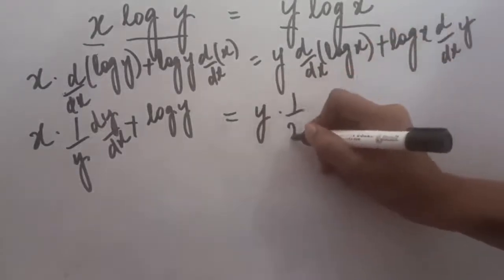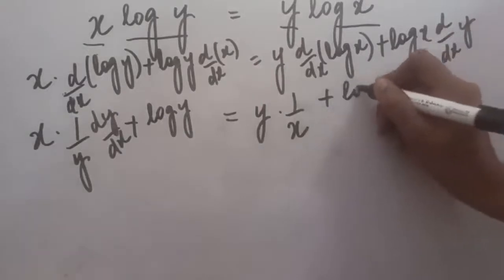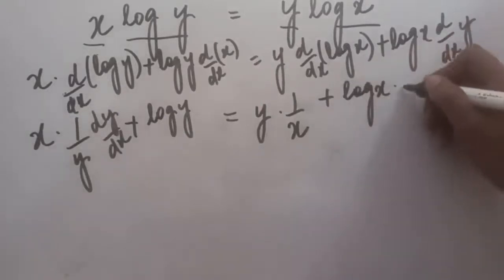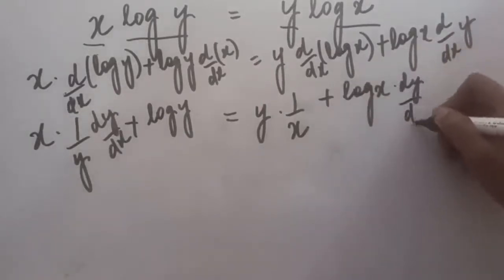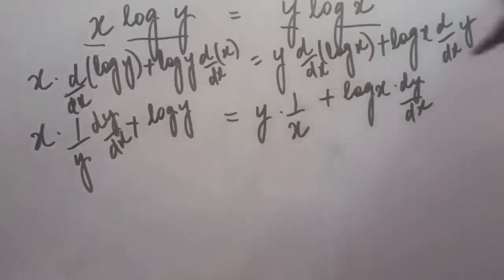Differentiation of log x is 1 upon x plus log x as it is, and differentiation of y will be dy over dx. Now, because we have to reach the conclusion of dy upon dx, we will take those values on one side.